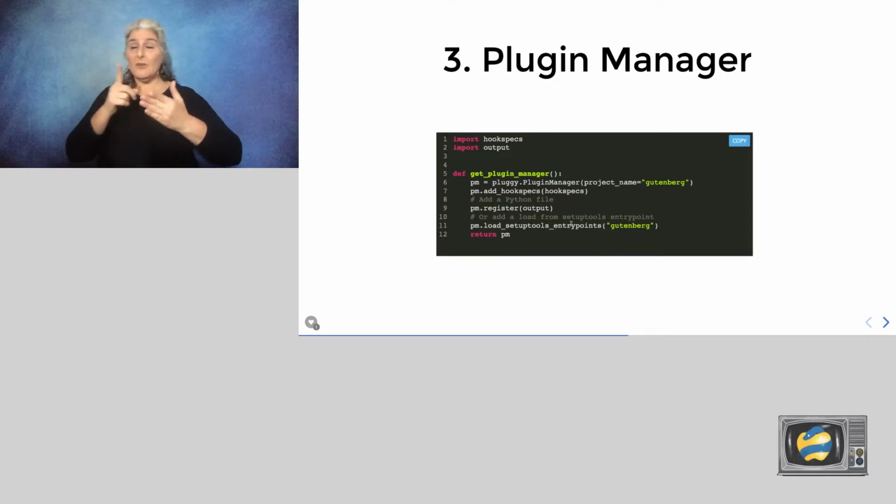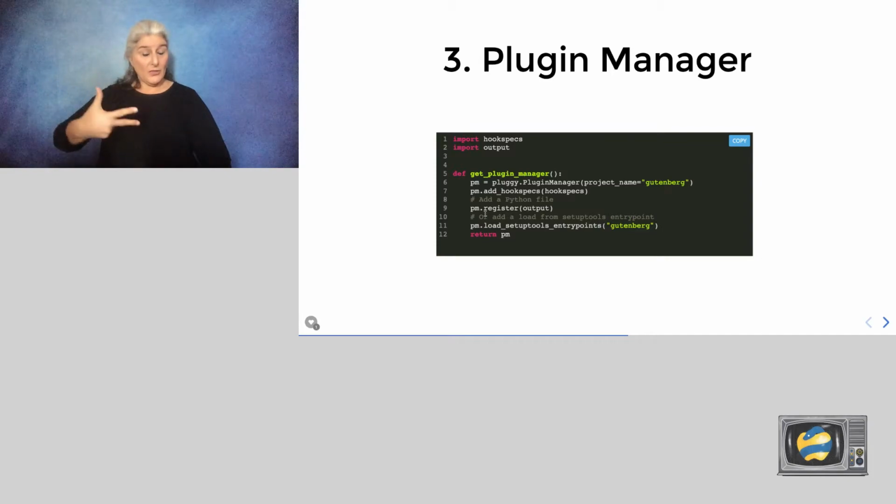The first step is creating a plugin manager with the same project name as that of the hook implementation and hookspec. The second is adding a hook specification using the method add hookspec, and add hookspec can be spread across multiple files or modules. And the third step is registering the plugin using the method register.